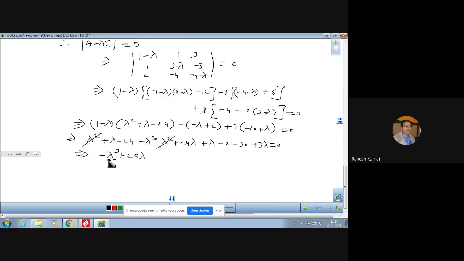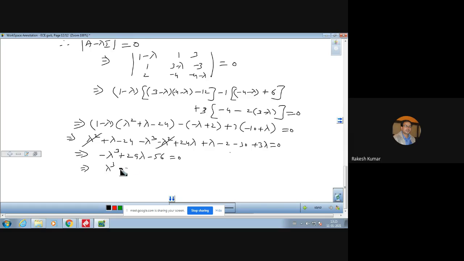So this is a negative lambda cube. Lambda square is cancelled out. So this is a lambda, and this is a 24 lambda, 25 lambda, 26 lambda, and 3 lambda, 29 lambda, and the last one is negative 24 and 30. 24 plus 30 is 54. 54 plus 2 will be 56 is equal to 0.